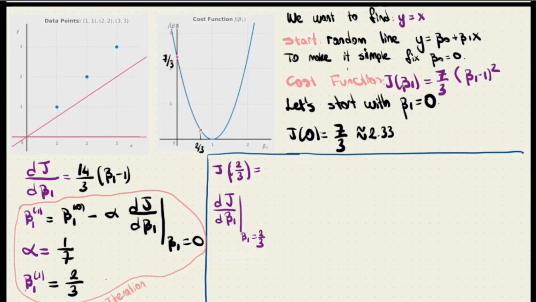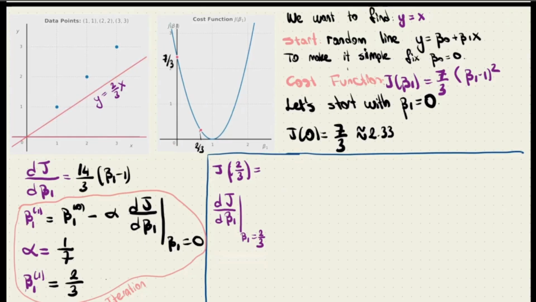It means that we want our beta to move right. And to do that, we updated our beta 1 in the opposite direction of the gradient. And we got 2 by 3. If we plug in that point here, we are there. And now our new line is y equals 2 by 3x, which is here.